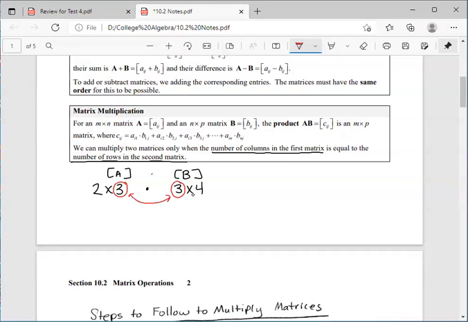Those are what you're looking for that match. So if I do it in that order, I'm good. If it's a 2x3 times a 3x4, these 2 numbers are the same, the columns and the rows, so this is going to work.